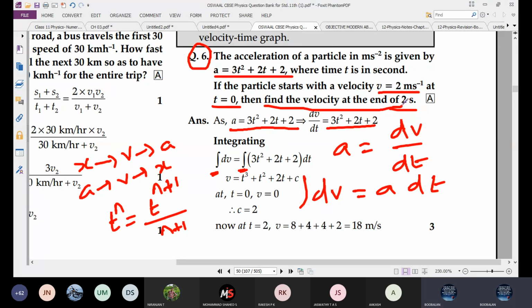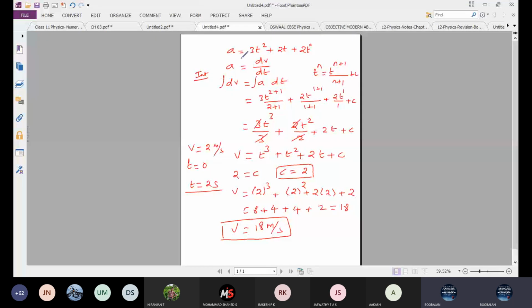Now we'll try. Acceleration formula: a is equal to dv by dt, so integration of dv equals integration of a dt. I'm applying the a value and integrating with respect to t. 3t to the power 2 plus 1 divided by 2 plus 1, plus 2t to the power 1 plus 1 divided by 1 plus 1, plus 2t to the power 1 divided by 1, plus c.